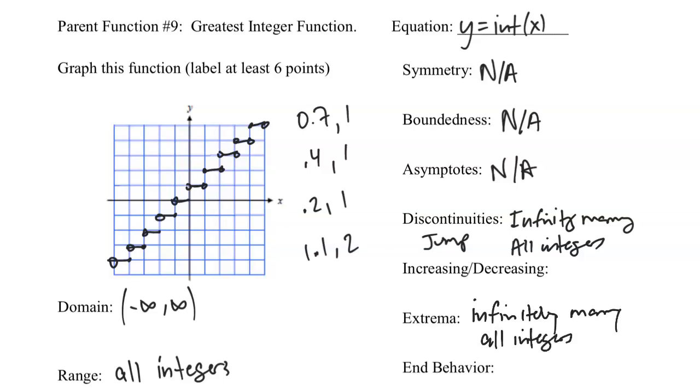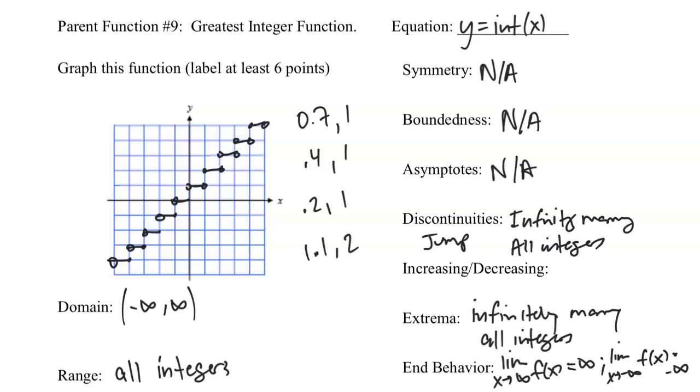Okay, and then what's the end behavior? Just real quick, the limit as x goes to infinity of the function f of x is going to equal infinity, since as you increase x, the y value is also going to increase, and as you make the x coordinate more negative, the y coordinate is also going to be more negative, and the limit is going to be negative infinity.